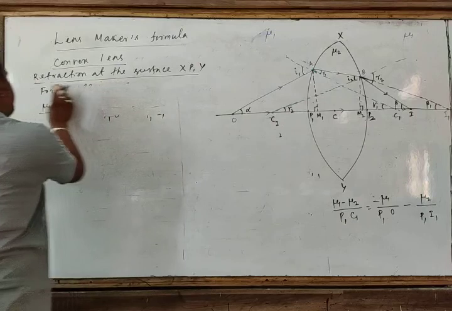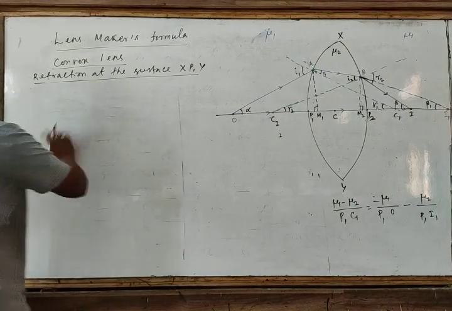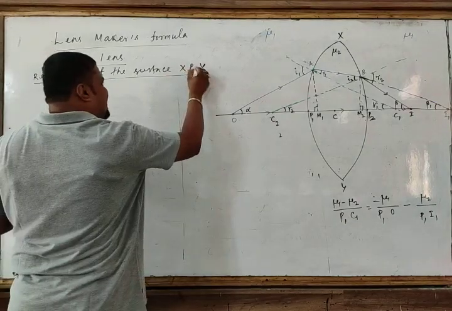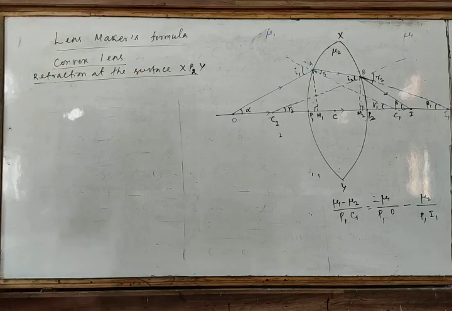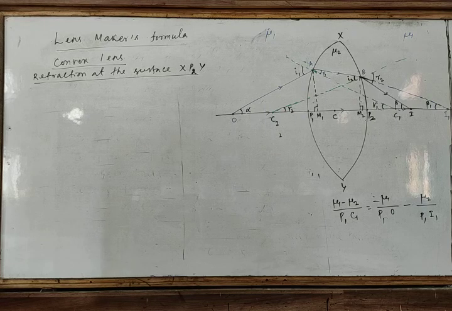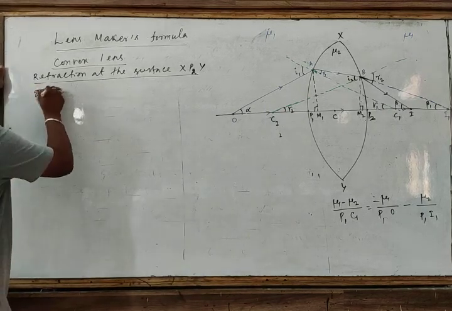Next, I will go to the refraction at the surface XP2Y. For that case, I take I1 as the virtual object and I as the real image for the surface XP2Y. Right? Now the same case applies in the triangle.